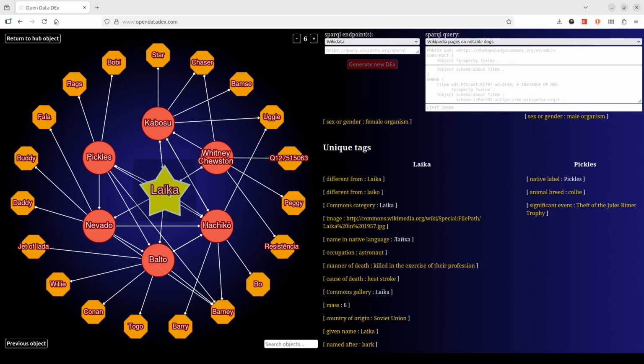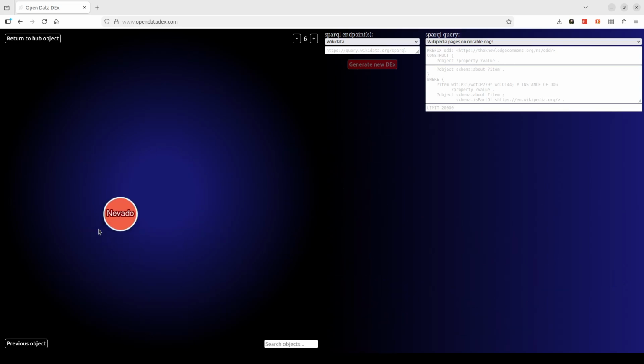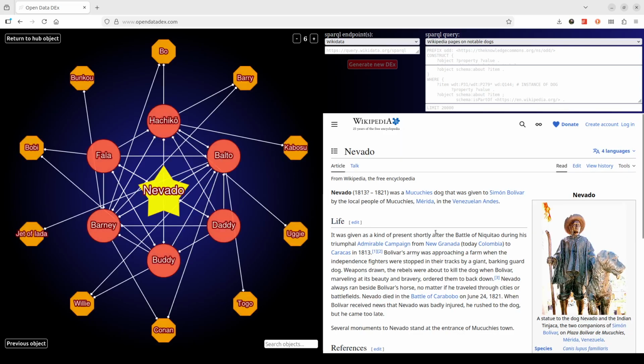So yeah, I think, unfortunately, because there's just not a ton of data in Wikidata for these dogs, the clustering, the finding of relationships on this, the app is just making its best guesses.